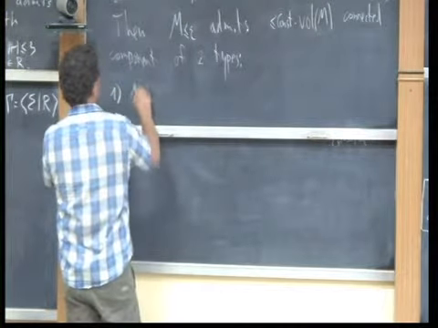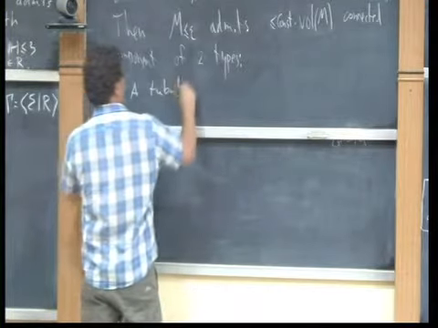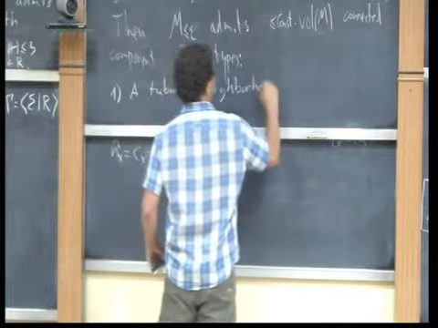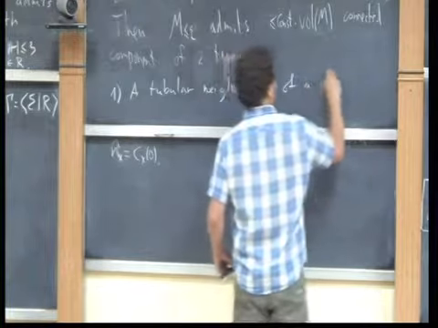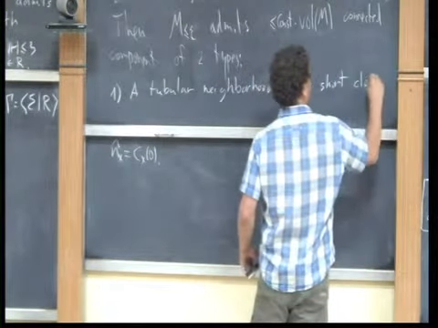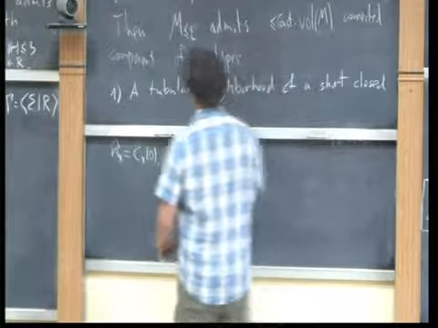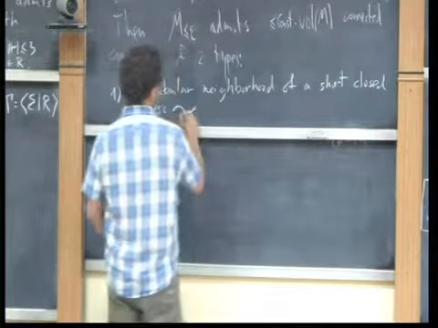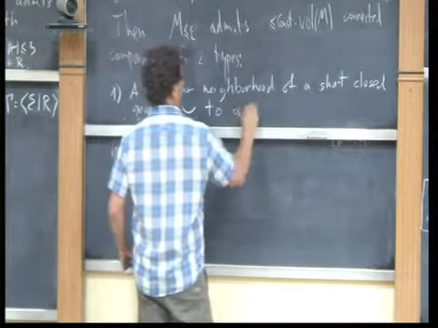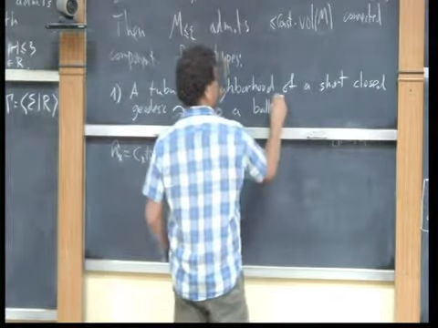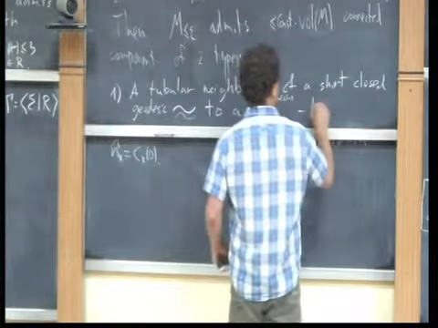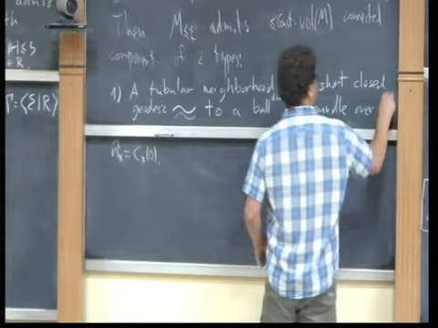The first is a tubular neighborhood of a short closed geodesic. And this is homeomorphic to a ball of dimension d s minus 1 bundle over a circle.